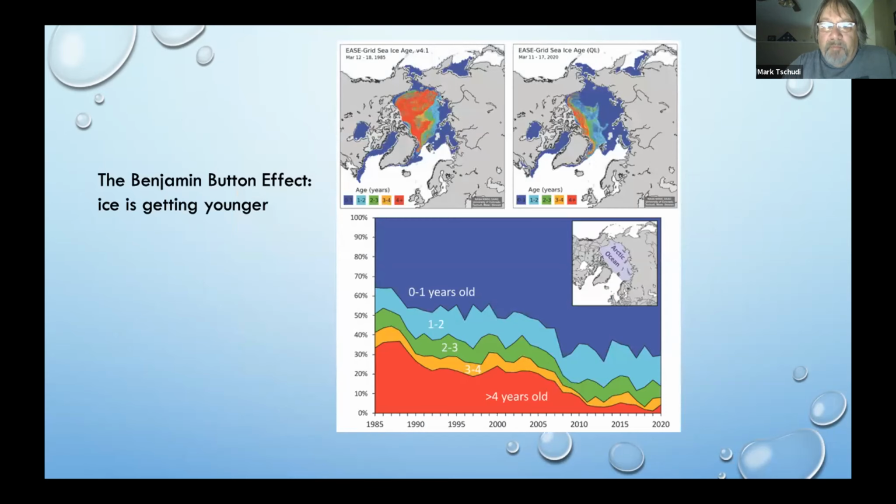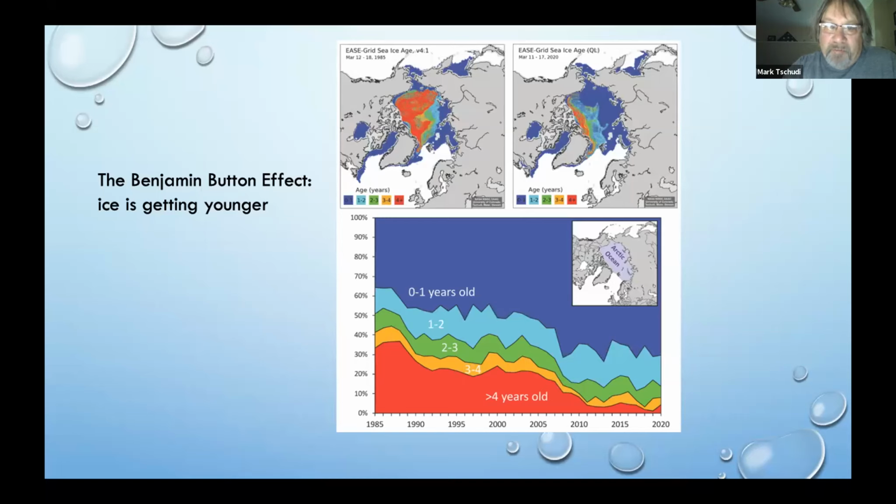All right, so I've decided that I need to come up with a new moniker for the effect of ice getting younger, because as I've presented this and these products have been discussed over the years, sometimes there's a quote that gets attributed to the ice age saying that the ice is getting younger.